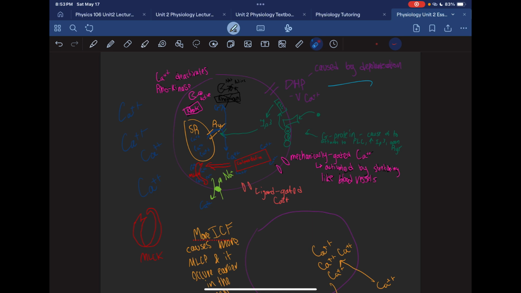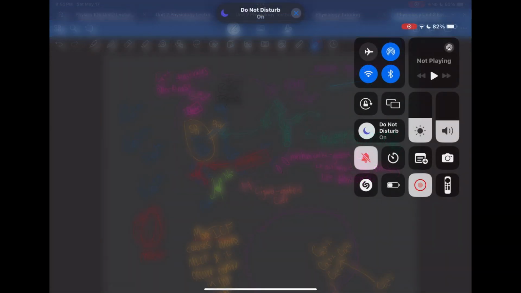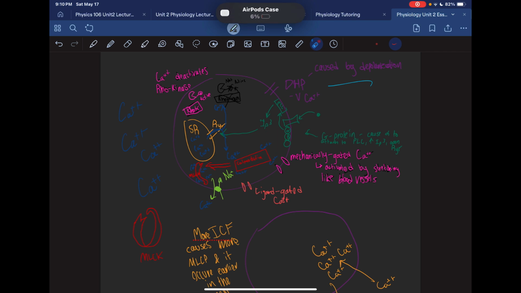So that rapid increase in intracellular calcium results in an increase of MLCK, which you see is caused by the attachment of calcium on our calmodulin MLCK complex. And then as we move along, we get into what we see here, the Rho kinase, which phosphorylates MLCP and will inactivate it.